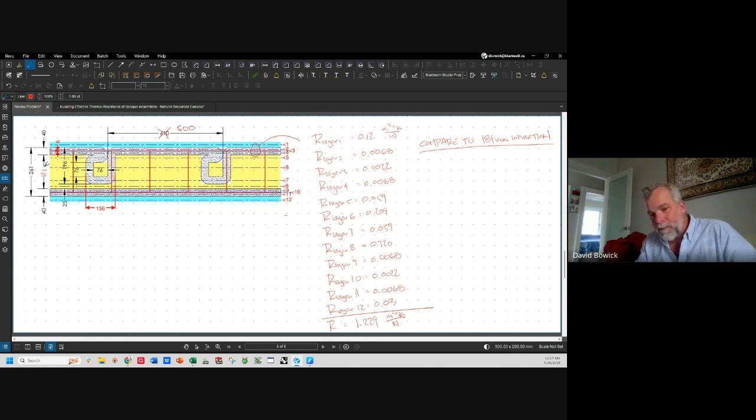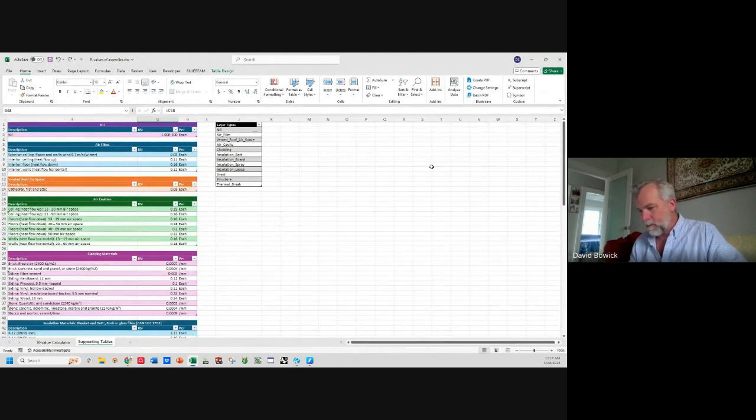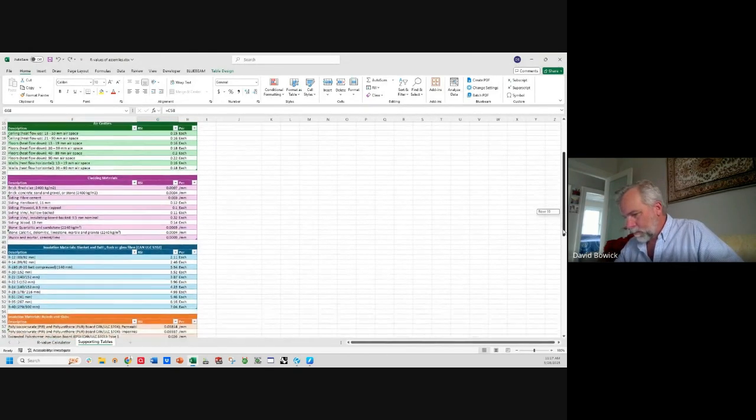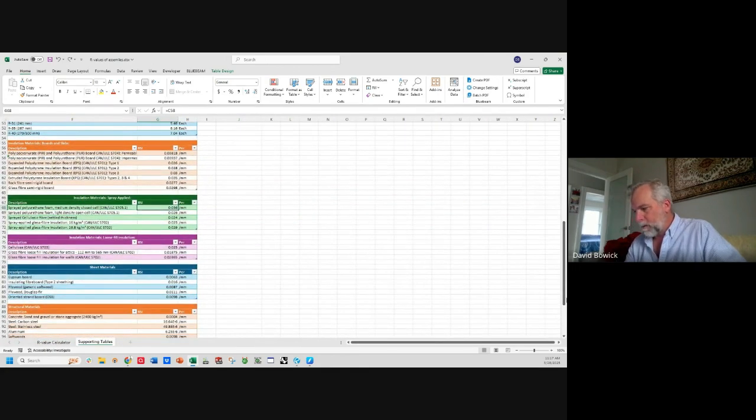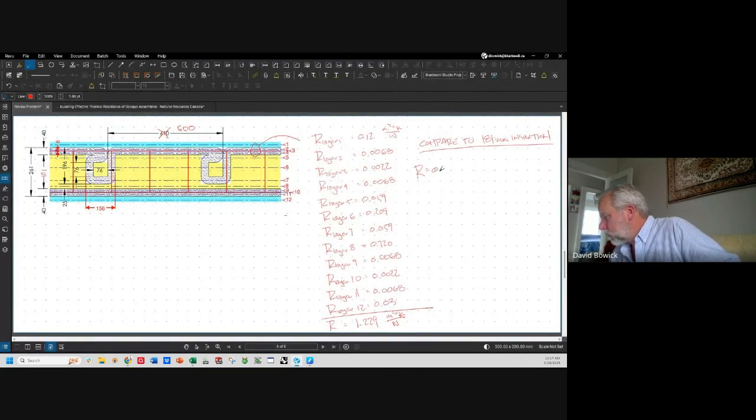If we had the full benefit of all that insulation, R equals spray insulation, remember, 0.036 meters squared degree Kelvin per watt per millimeter times 181 millimeters, which is 6.516 meters squared degree Kelvin per watt.